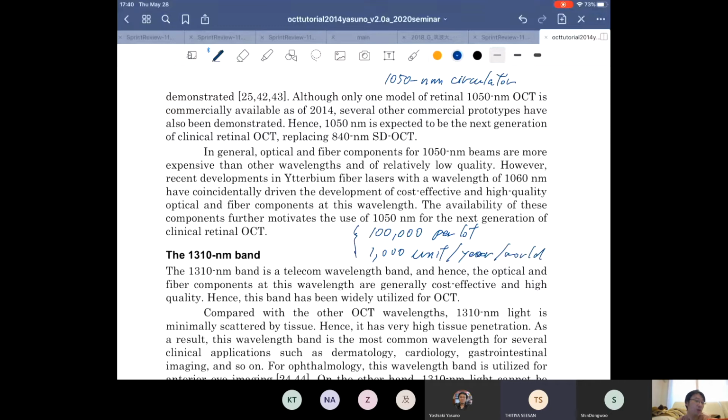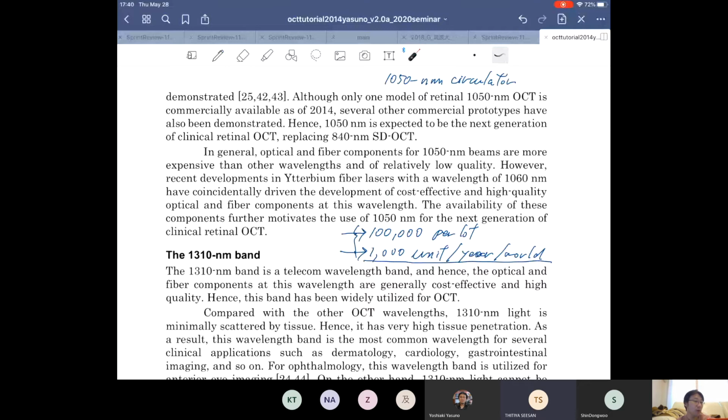So in comparison to telecom, the medical OCT market is quite small. If these components are used only for OCT, we couldn't have a mass production effect, so the price is quite expensive. But once they started to be utilized in telecom, the price of each component dramatically decreased. So it becomes cost effective, right?